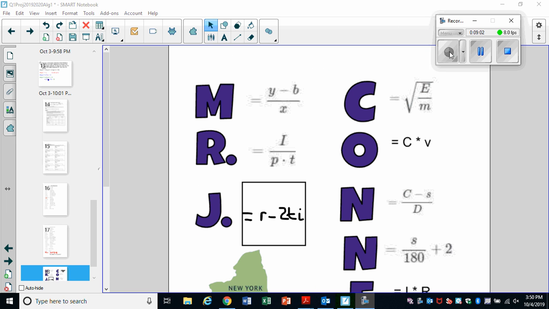Last page. This is an example of a poster. Notice how I have M and R for Mr., J representing my first name. But notice how the equations were rewritten where the M, the R, and the J respectively are isolated.